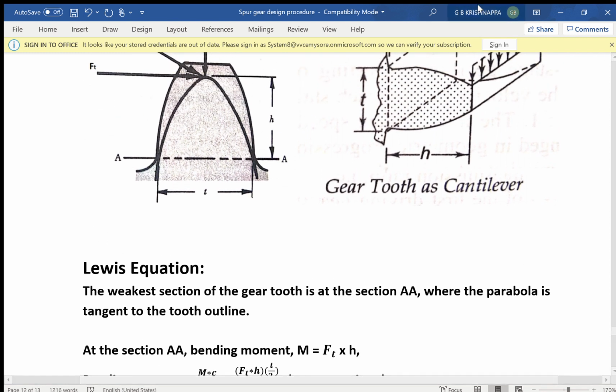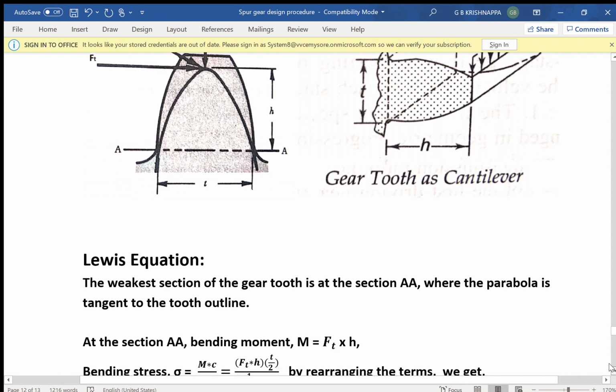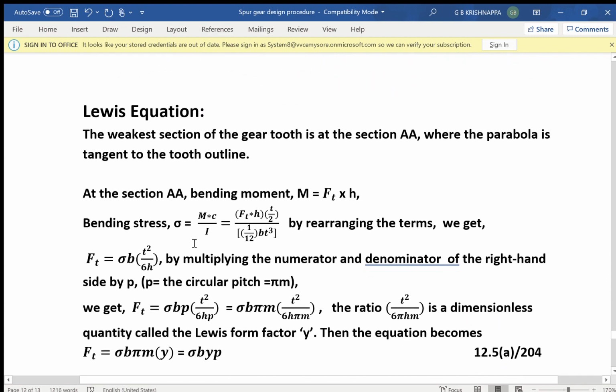This h is a length, so force into perpendicular distance, this Ft into perpendicular distance, is a bending moment. Hence, bending stress sigma is equal to M into C divided by I, moment of inertia. Substituting here, M is Ft into h, C is t by 2, that is thickness by 2, and moment of inertia I is 1 by 12 into b t cubed.